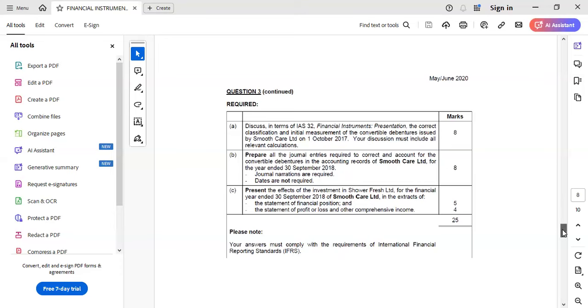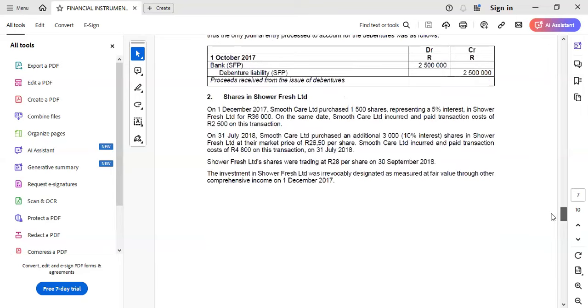Right. My friends, they are talking about shares in Shower Fresh. They want us to present this information in the statement of financial position and statement of profit or loss. They said on 1 December 2017, Smooth Care Limited purchased 1,500 shares, representing a 5% interest in Shower Fresh Limited for 36,000.